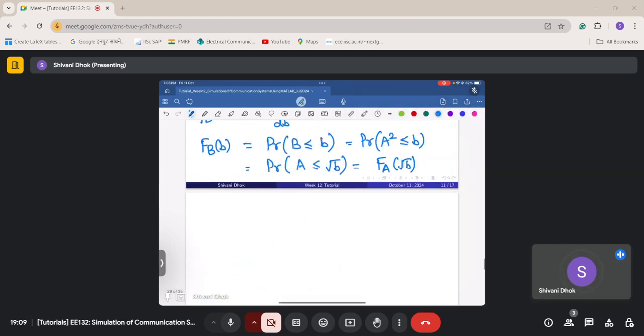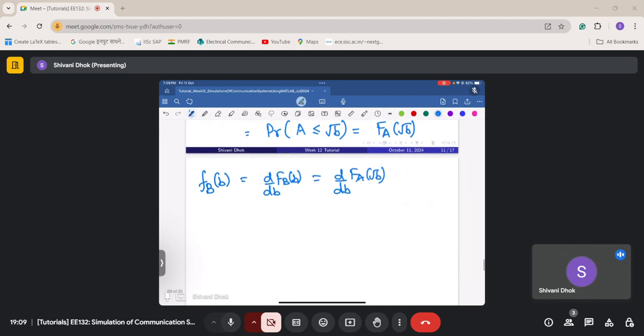Okay. So now what we need to find is f_B(b), which is equal to the derivative of F_A of root b, from this derived equation.